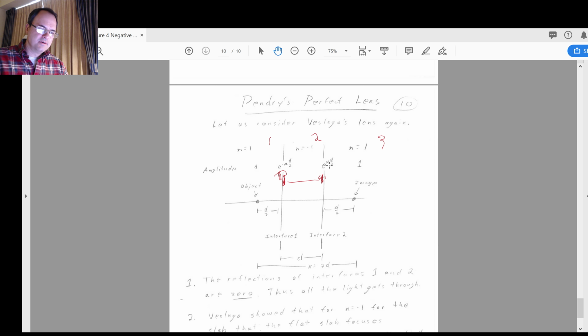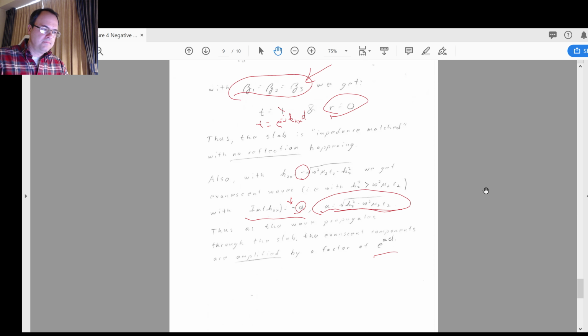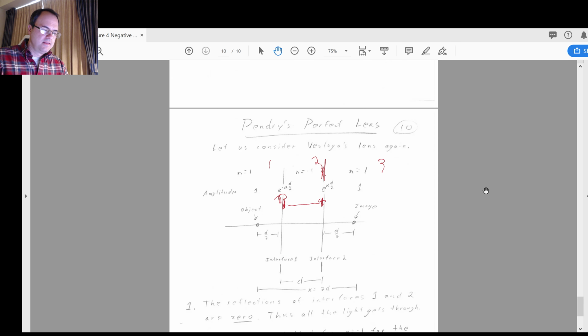That's necessary, though, because when it exits perfectly, meaning no reflection off of this interface, then it will continue, because it's in a normal material, to exponentially decrease in amplitude until it gets back to the image point. But to get to the image point, it travels an additional d over 2. So this amplitude right here is multiplied by e to the minus alpha d over 2.